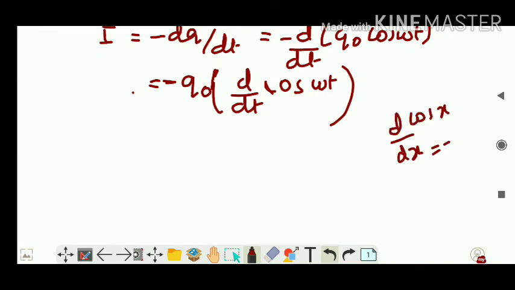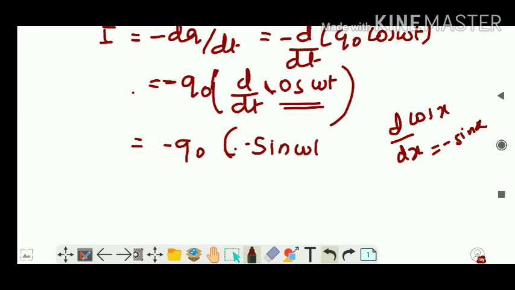It is minus sin x, right? So this will be minus q naught, and in place of cos I have to write sine, so minus sine. In place of x I have omega t, but omega is a constant, so I have to write it as minus omega sine omega t. So minus minus cancels out, and you will have q naught omega sine omega t.